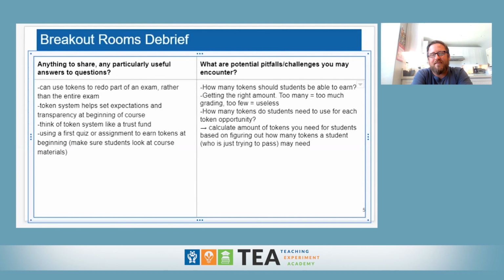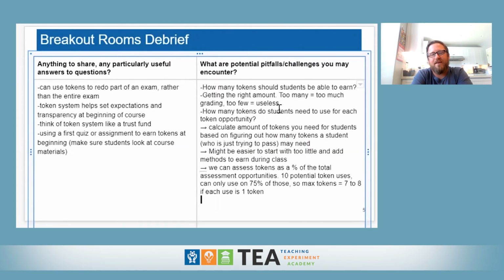The token system gives you a way to give that person some flexibility without judging whether their personal tragedy is tragic enough, right? They can do things late, they can drop an assignment, they can whatever, right? To help them get past this personal circumstance without you having to say, okay, your personal circumstance is bad enough that I'll relax the course rules for you. In this case, the rules are the same for everybody. It's just that there's some flexibility built in.